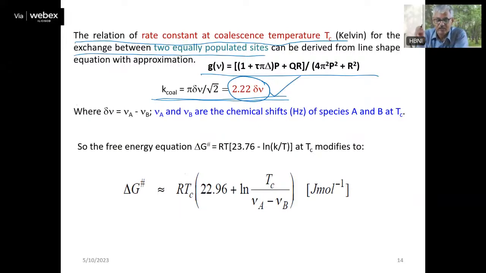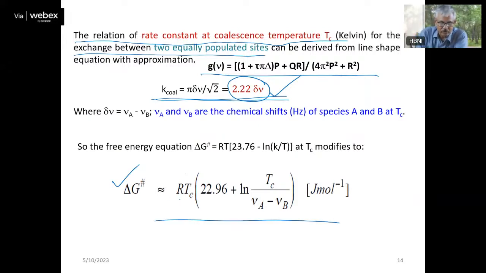So that's why when you record an NMR, people try to find out at what temperature the peaks are just losing their identity and becoming very broad. That is the temperature of coalescence. If you know that, you will be able to very quickly find out the delta G dagger, the activation energy. And if you know the activation energy, you can find out the rate constant. Or the other way around, from recording the spectra, you can find out the coalescence temperature, and that is the relation.